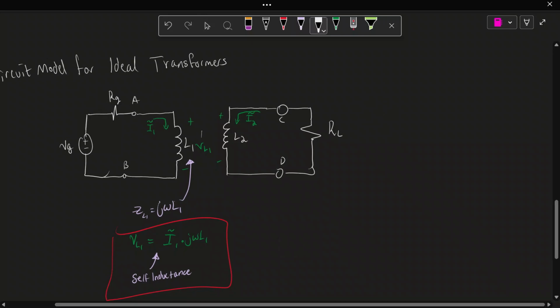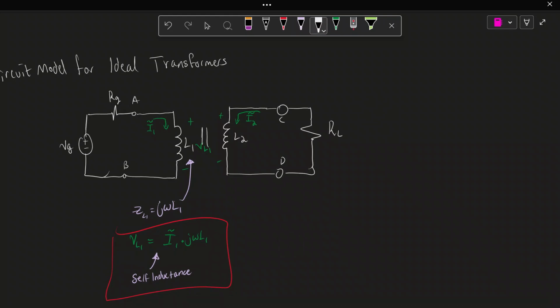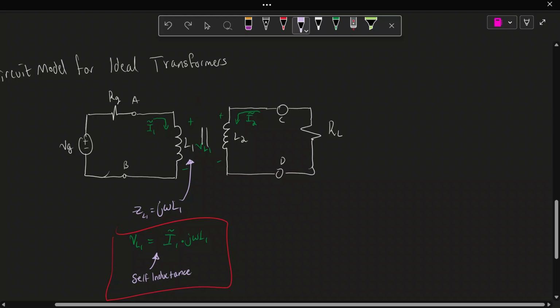And they are magnetically coupled. What that means is they are close enough such that the magnetic fields have a very distinct effect on the other inductor. We can also denote this by its mutual inductance, when there are arrows pointing at each other and they have this M in between. This is its mutual inductance.